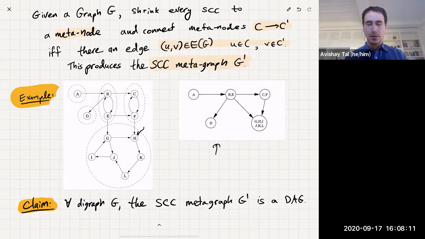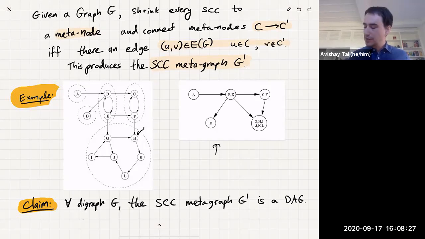We get stuck on a cycle, but which cycle? The cycle GHIJLK. So actually, this is a good scenario for us.